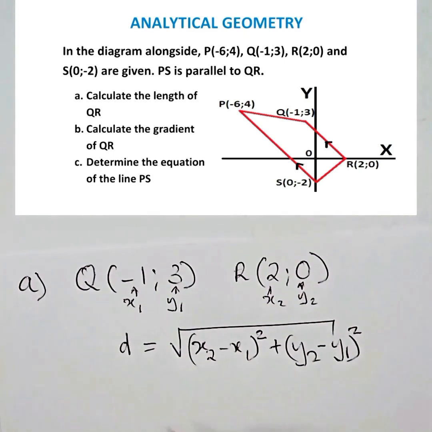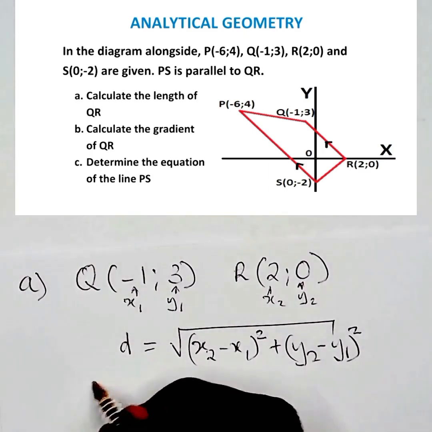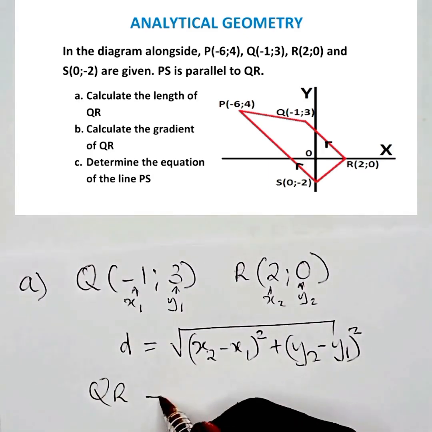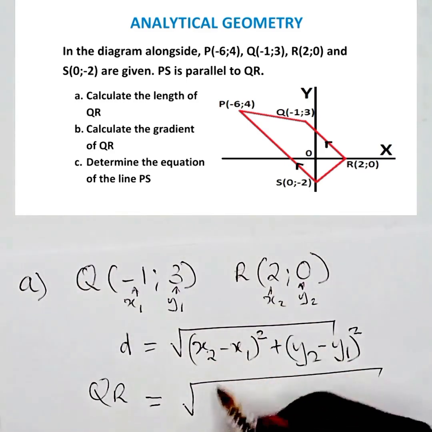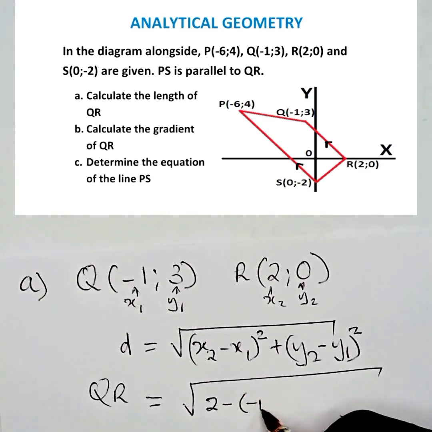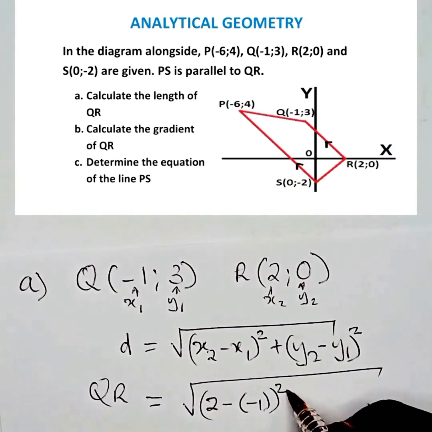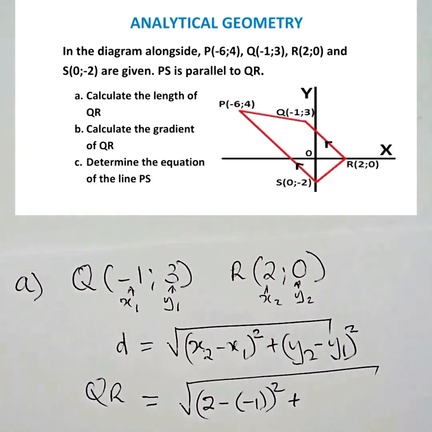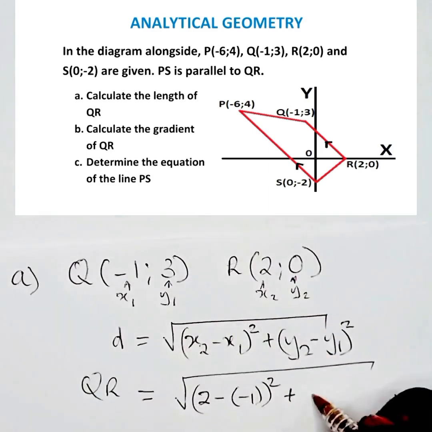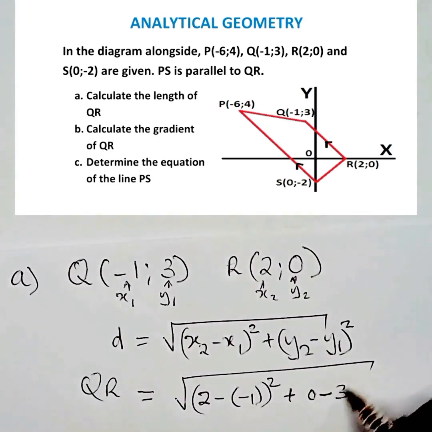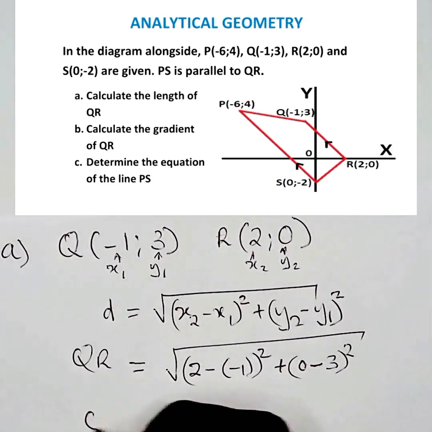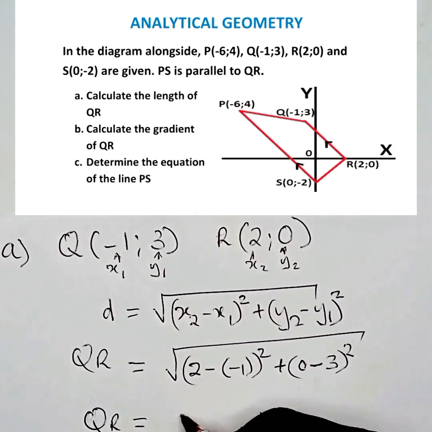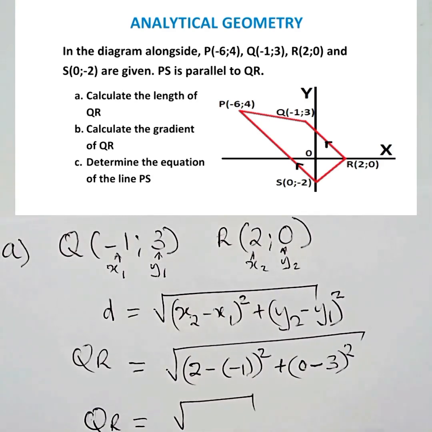Then the line QR has a distance given by QR is equal to the root of (2 minus 1) squared, plus (0 minus 3) squared. Wait, x2 is 2 and x1 is minus 1, so 2 minus minus 1 is 3. 3 squared is 9.